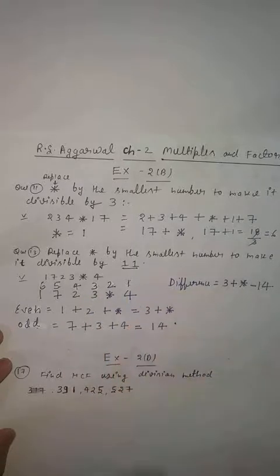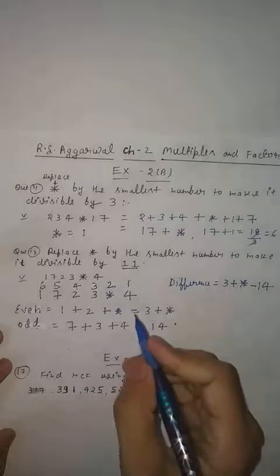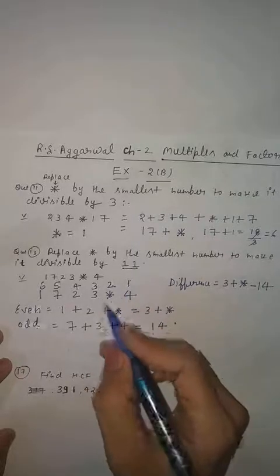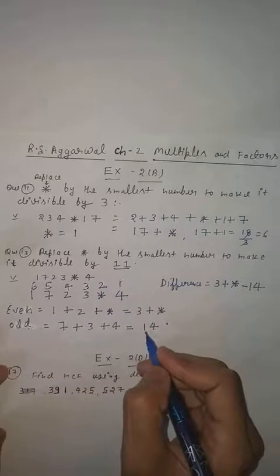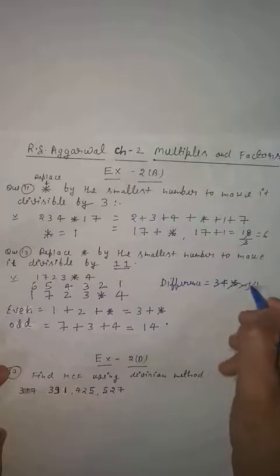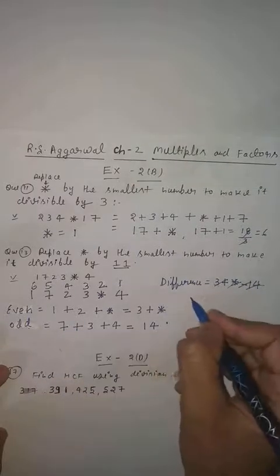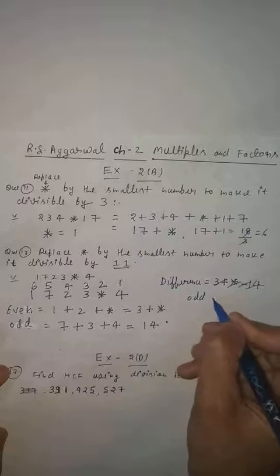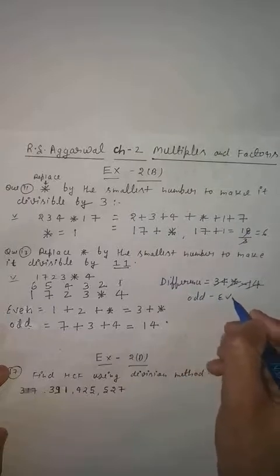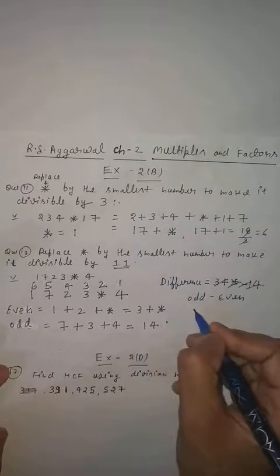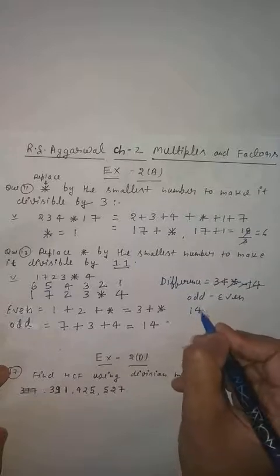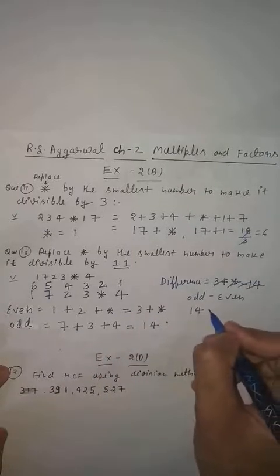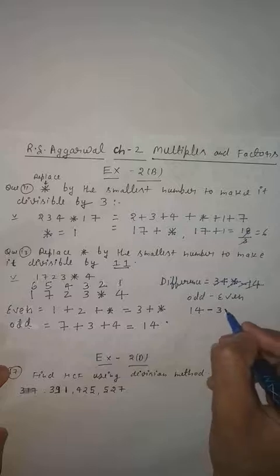And 1 is odd, so here is 4. That means you have to write the positions from the ones place. Now you have to find the difference. So this was wrong. The difference is odd minus even. Clear, students? The value of odd is 14. The value of even is 3 minus star.